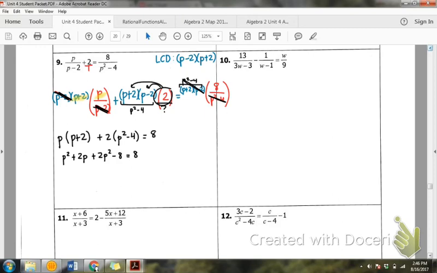So I have p squared plus 2p squared is 3p squared plus 2p. When I bring this 8 over, if I subtract 8, what's negative 8 and negative 8?